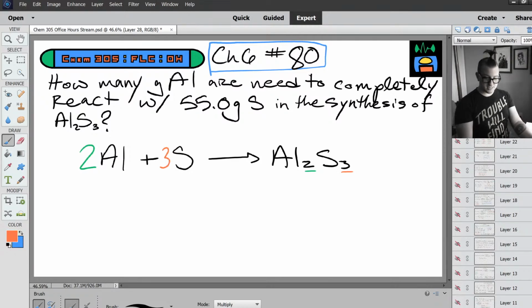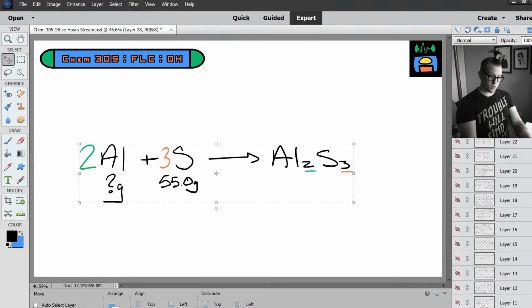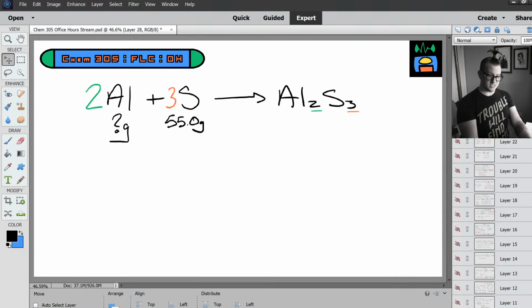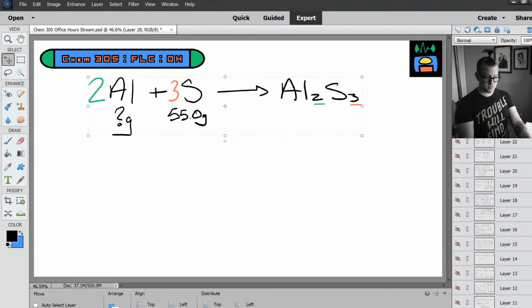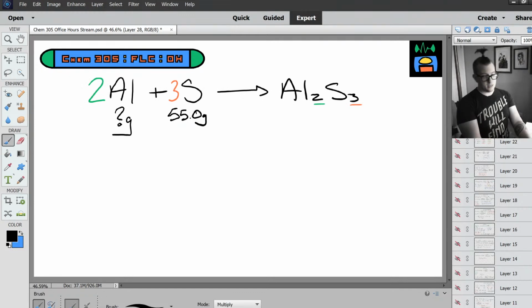Now it's balanced, okay? And they tell us that we want to completely react 55.0 grams of sulfur, and they're asking us how many grams of aluminum we need. All right, so this is the setup. Now let's crunch some numbers.